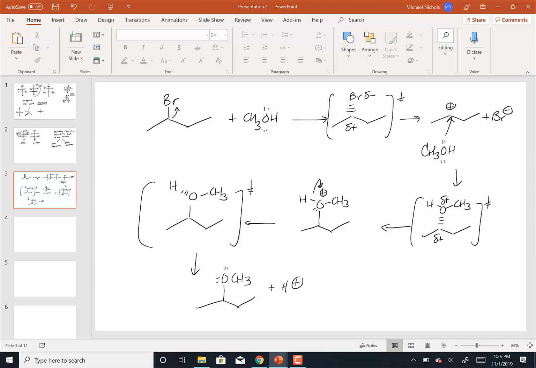And then going back to the transition state, the oxygen is slightly positive and the hydrogen is slightly positive.